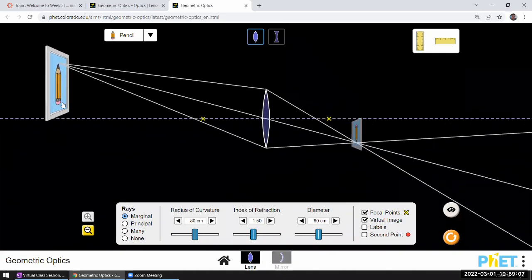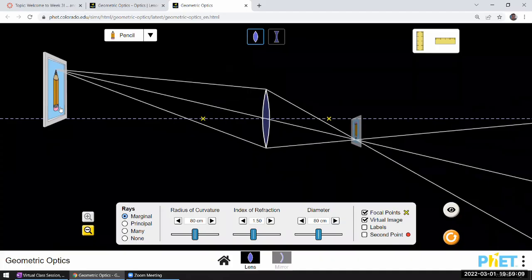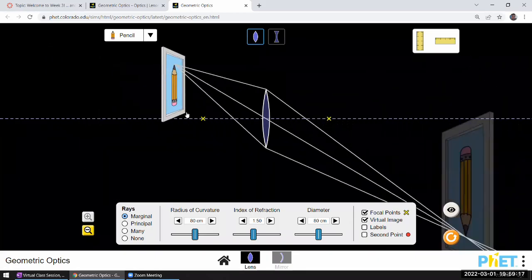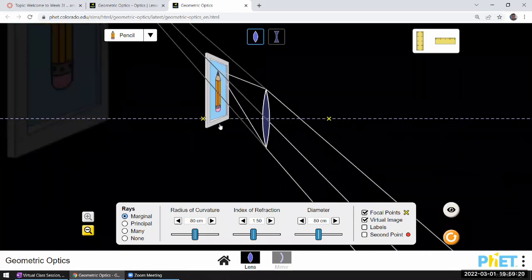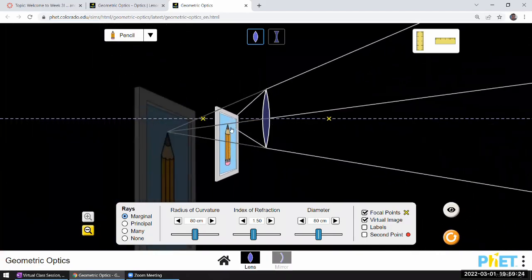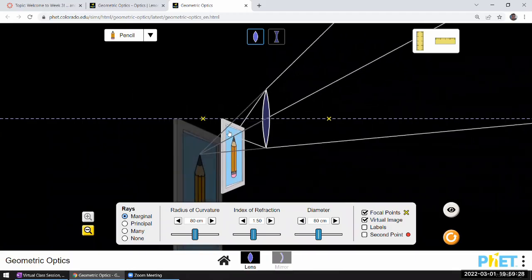This is already useful to show a number of things. Right now this setting is set up to show marginal rays. When you see me do ray diagrams, you won't see me draw marginal rays, partly because it's hard to know in which way they should bend.